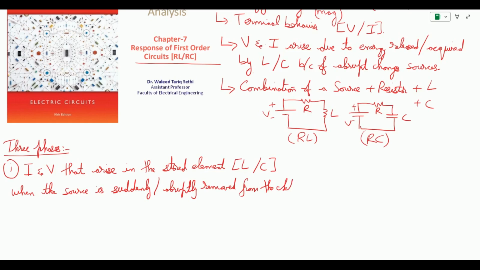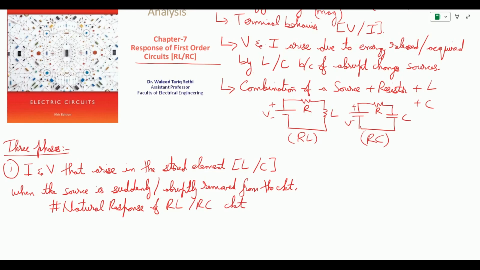So in the first phase we are going to look at the behavior of the currents and voltages for the stored elements, inductor and capacitor, when the source is suddenly removed from the circuit, and this type of behavior is known as the natural response of RL or RC circuit.